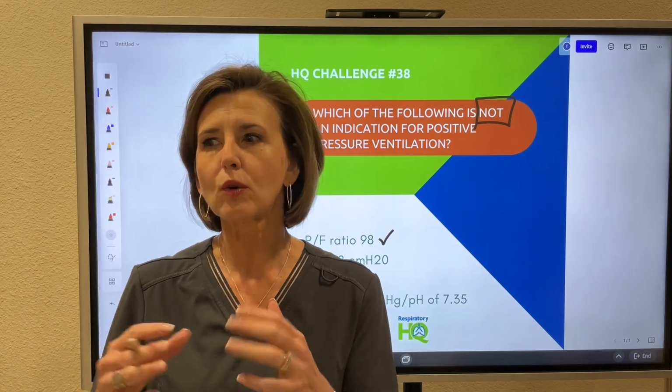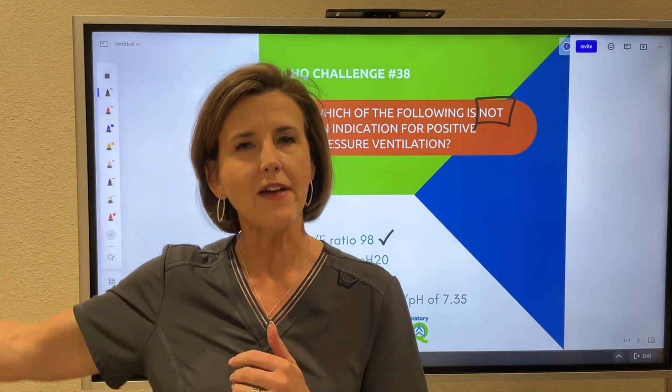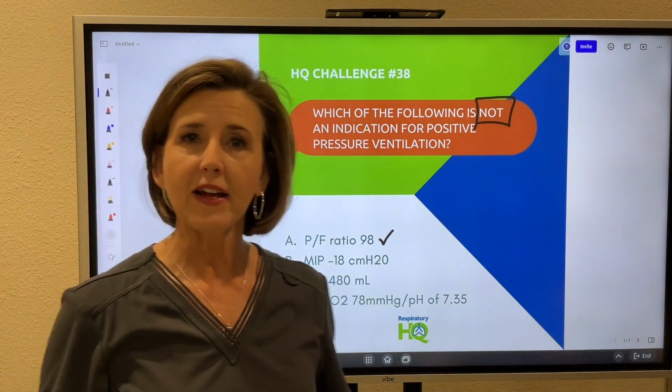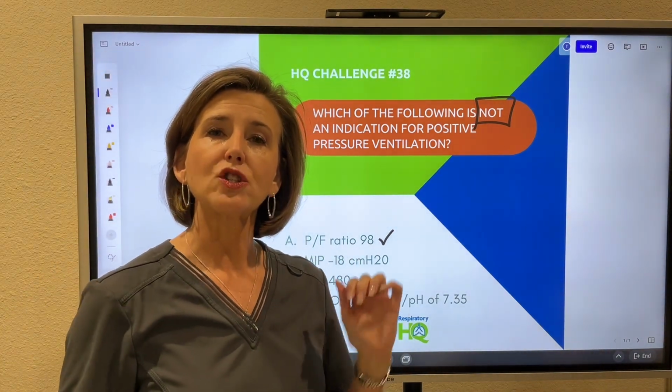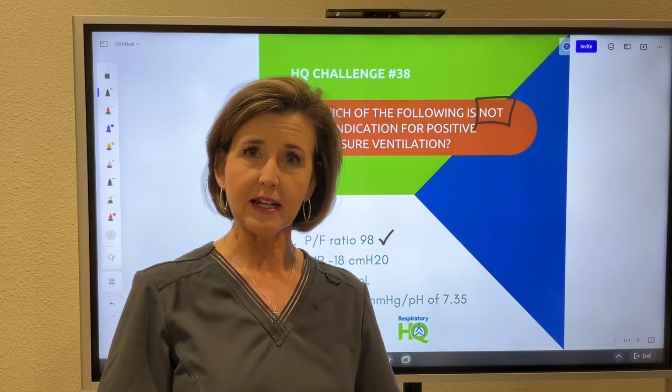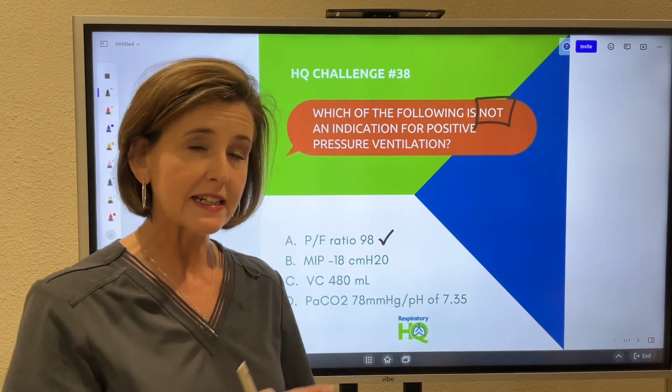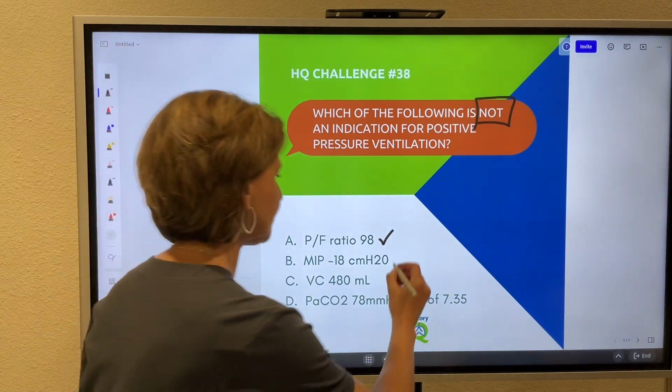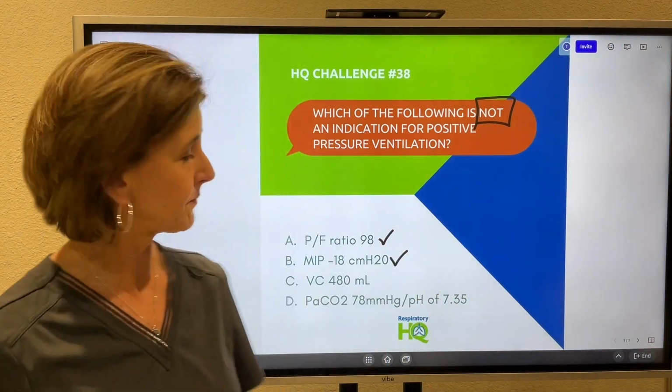And when I say less, normal should be like -40 or -80. This is -18. Anything that is greater than -20, meaning -19, -18, is an indication for mechanical ventilation. This person needs a vent.